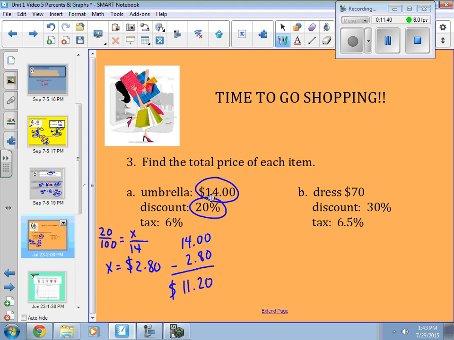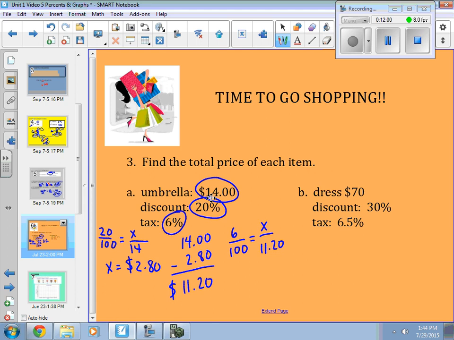However, that's still not what we're going to pay. We need to figure out what the tax is going to be. So what's the tax on an $11.20 item? Well, 6%, I always put, again, percentage out of 100. And we can set up a little proportion to figure that out. What's the tax going to be on $11.20?